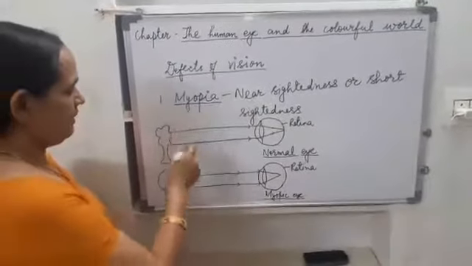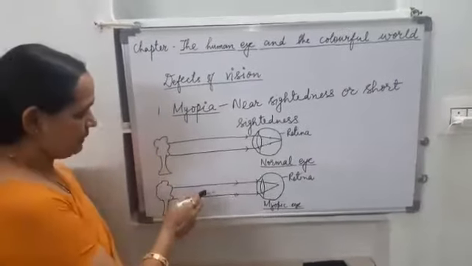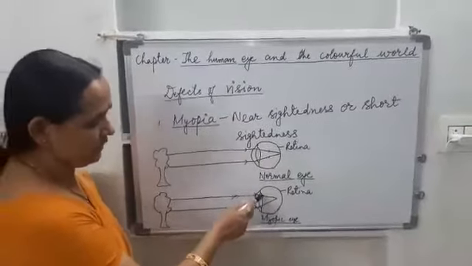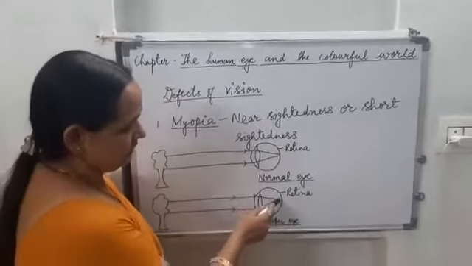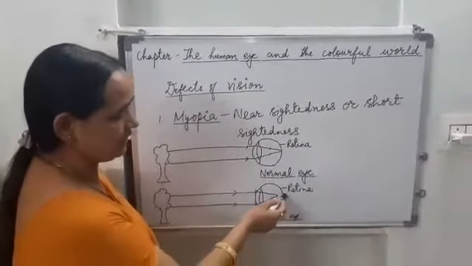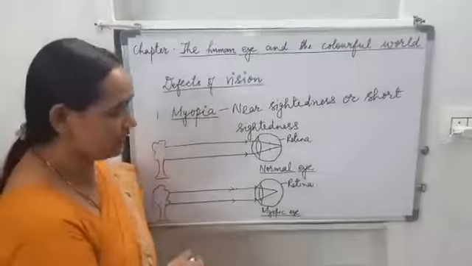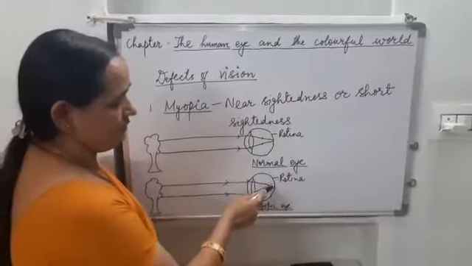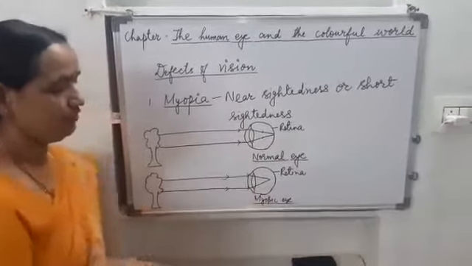Whereas in a myopic person, the incident light rays converge just in front of the retina instead of converging on the retina, and the image is formed here in front of the retina instead of forming on the retina.